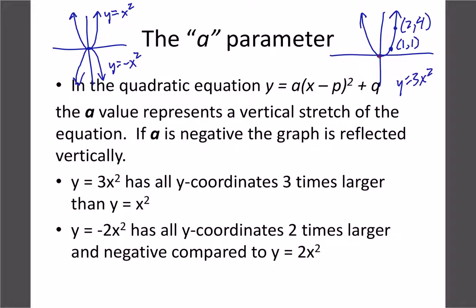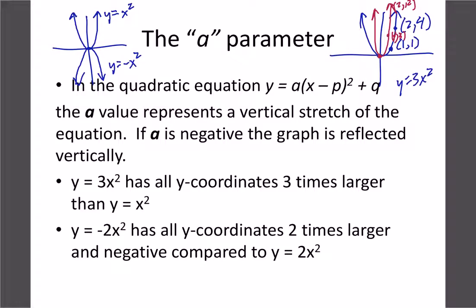So our (0, 0) would still be the same because 0 times 3 stays the same. (1, 1) would now be (1, 3), so it's going to move up quite a bit taller. And (2, 4) would switch to (2, 12), multiplying by 3. So we end up getting a way steeper curve.